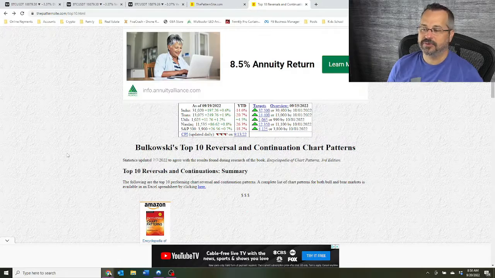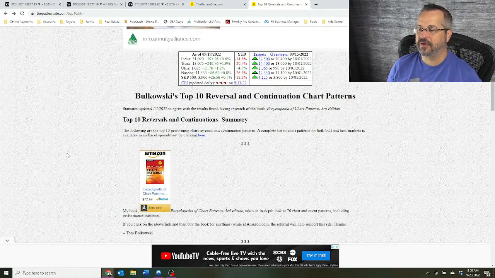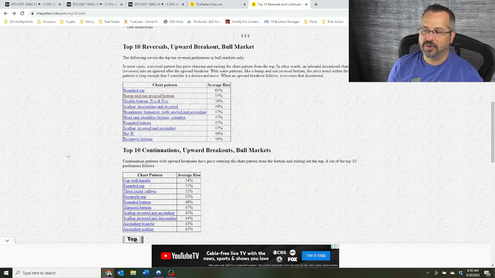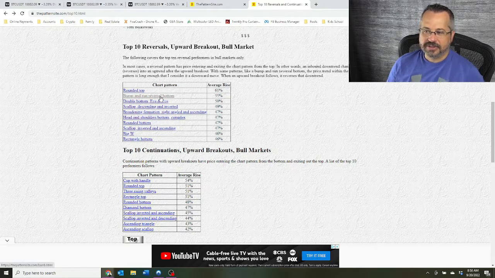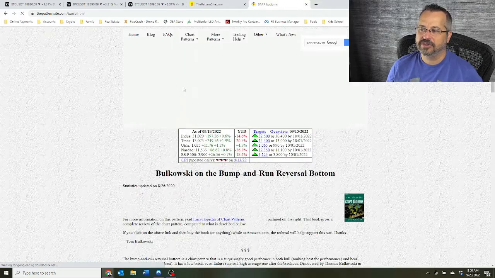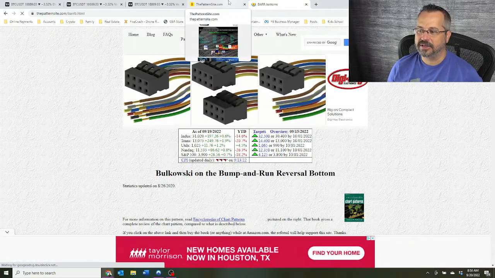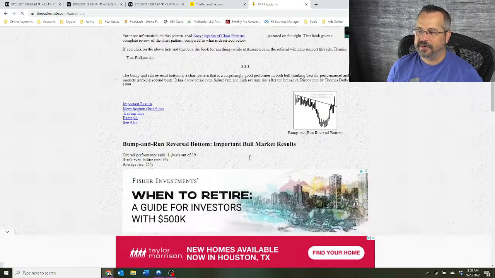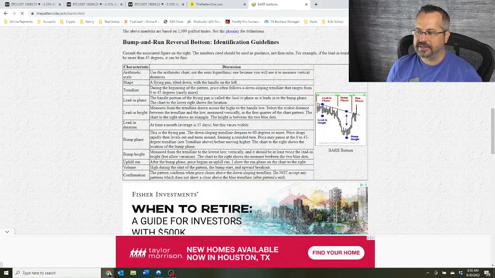So if we go into Thomas Bulkowski's top 10 reversal patterns and scroll down, we'll see here on the reversals that the bump and run reversal bottom is the second best performing pattern that we'll see in technical analysis. So if we check that one out particularly and scroll down, I'm going to go over the highlights of this.